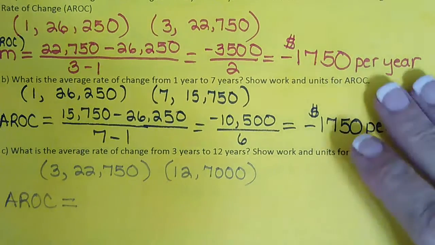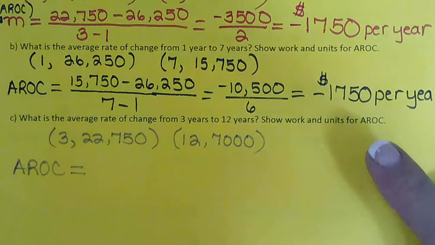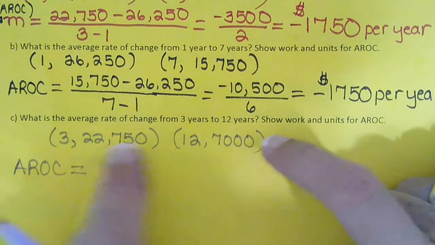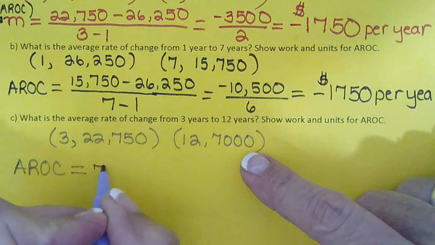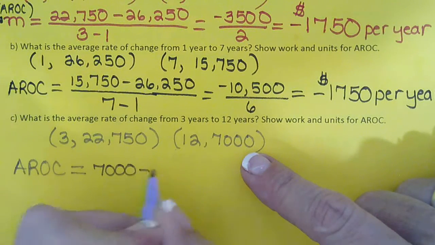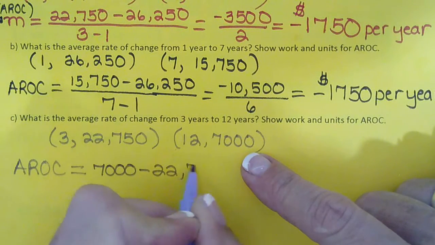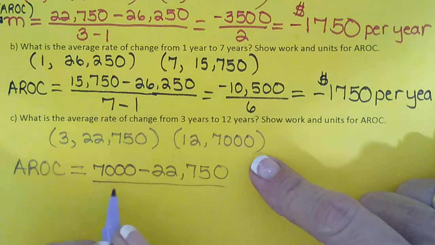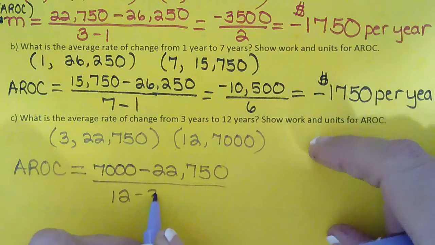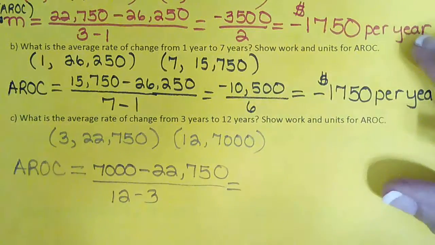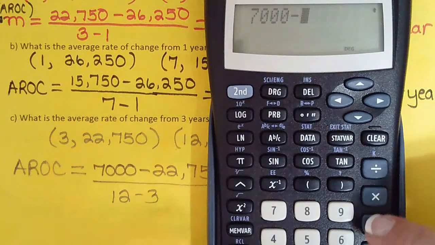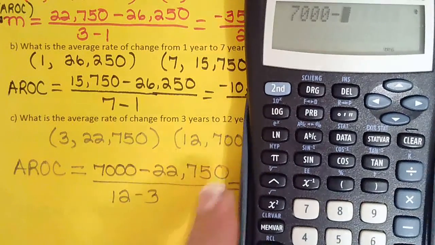Okay, and the third one, as we can probably guess, it's going to be the same answer, but let's play the game. This is year 3, this is year 12. So 7,000 minus 22,750 over the second x, 12, minus the first x, 3. This looks like negative 15,750, but I better check. 7,000 minus 22,750.